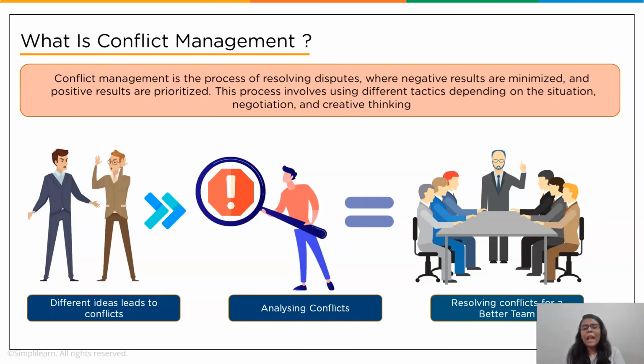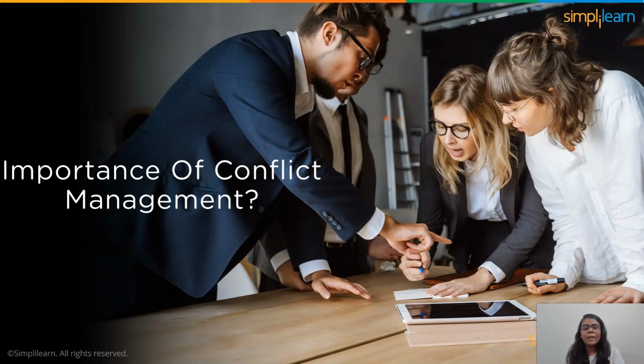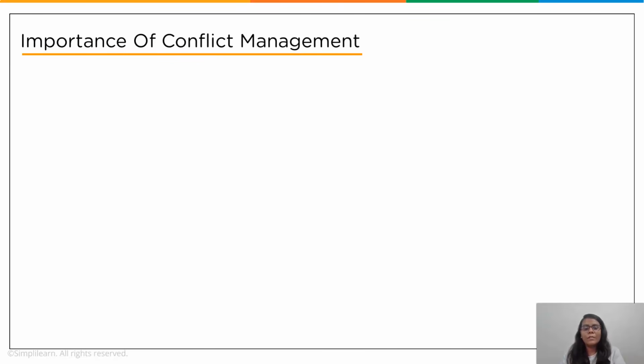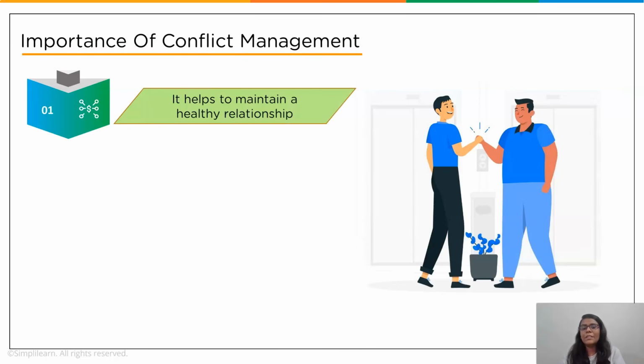Now that we have a good overview of what conflict management is, let's look into some of the importance of conflict management. So conflict management plays a very important role at the workspace to prevent conflicts and make employees concentrate on their work. The first one is conflict management strengthens the bond between employees. Individuals must be motivated at work and make every single day exciting and challenging.